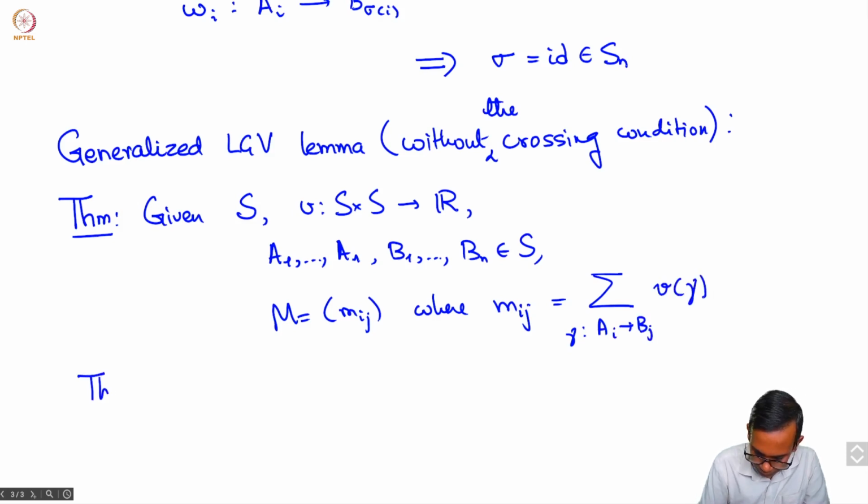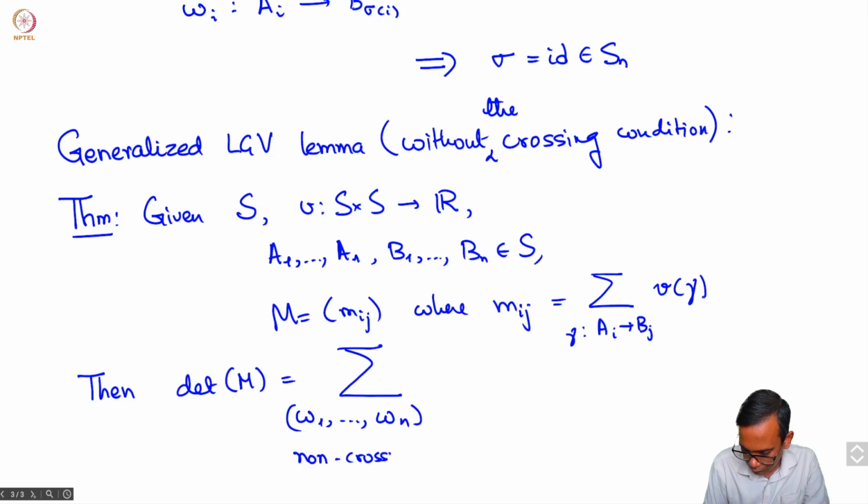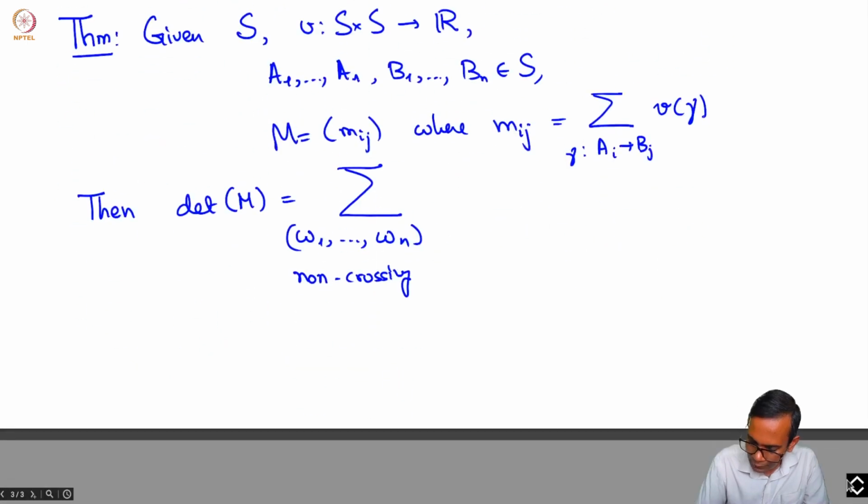Then the determinant of M is the sum over all configurations of paths omega 1 up to omega n which do not cross, and omega I is from some ai to b sigma I for some permutation sigma.